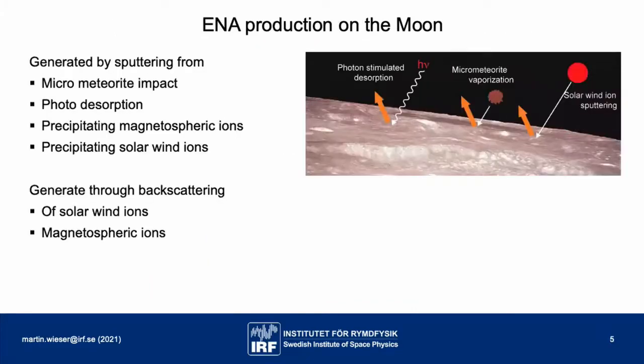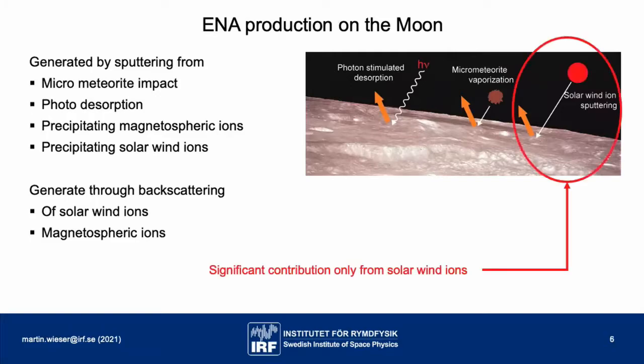How are ENAs produced around the moon? There are different processes which can result in energetic neutral atoms being emitted. There is meteorite impact, photodesorption, and there are magnetospheric and solar wind ions which precipitate on the lunar surface, which are then reflected back to space, and also sputter lunar surface material.